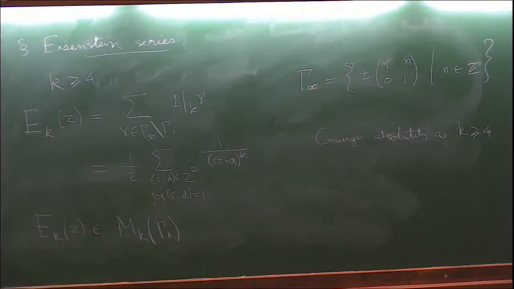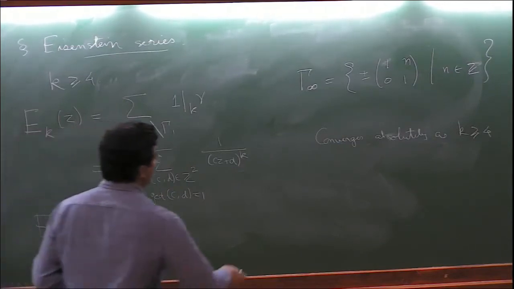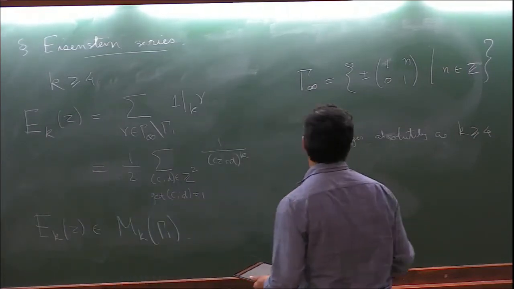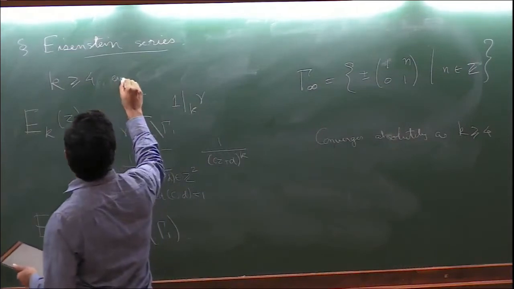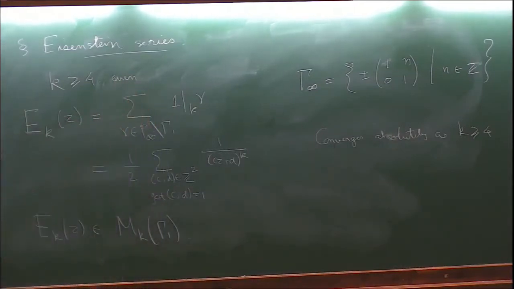So we have a modular form of weight k for each even k. Of course, if k is not even, this just turns out to be 0. Most of the time when I write k, it will be even.